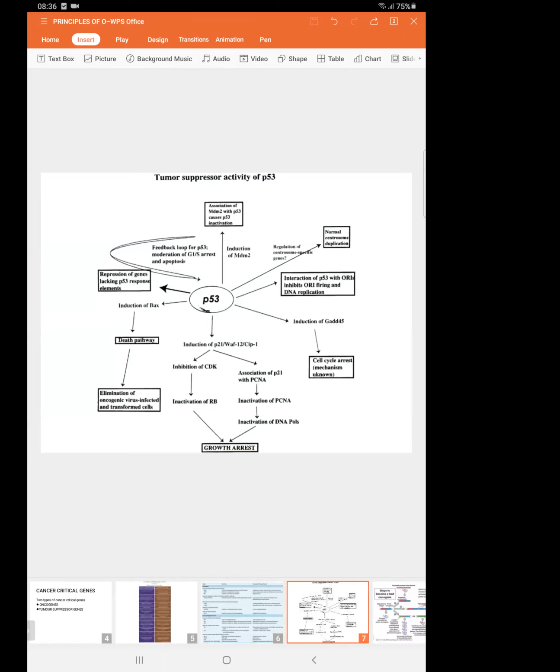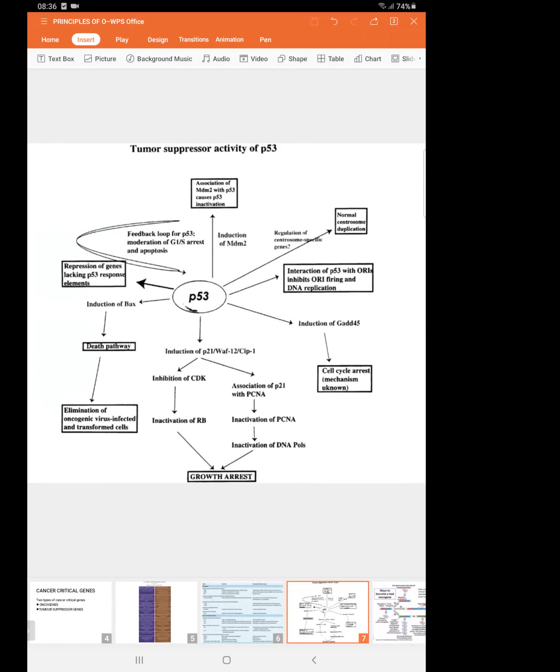For example, P53 has various functions which lead to inhibition of malignant neoplasm formation. P53 leads to activation of MDM2, and it causes growth arrest of the cells by induction of P21 and inactivation of the RB gene, and it leads to activation of apoptosis in DNA damaged cells.